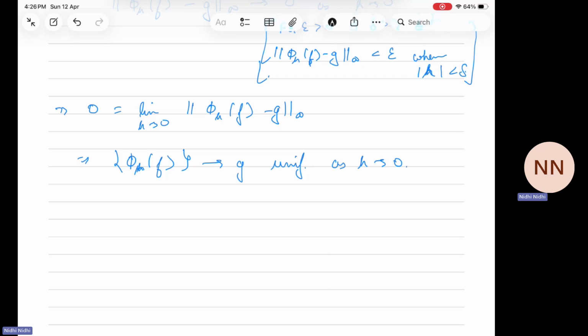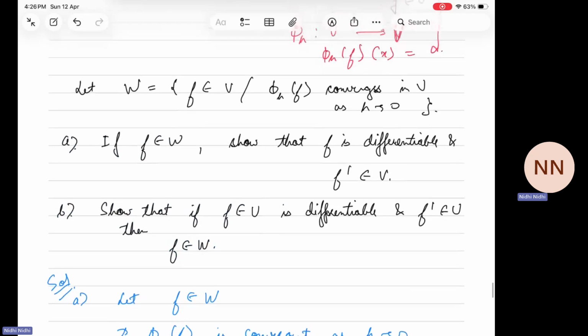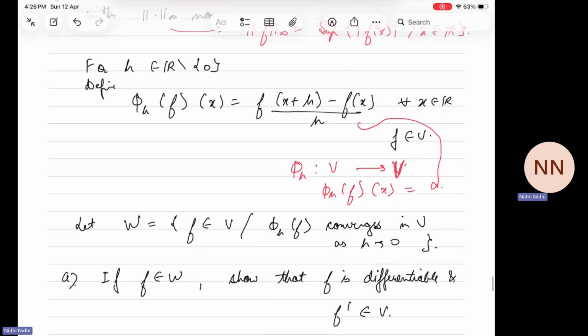And we all know that uniform convergence implies pointwise convergence, not conversely. Pointwise never implies uniform convergence, but if we have uniform convergence, then we have pointwise convergence as well. That means phi h f at x converges to g x for every x in R, which is our domain.